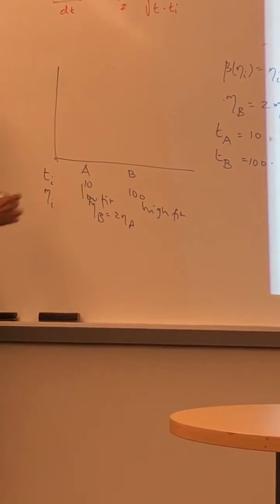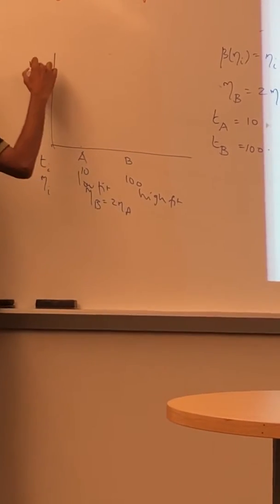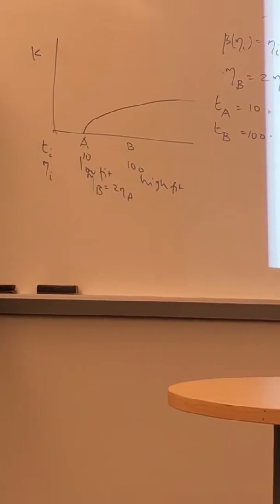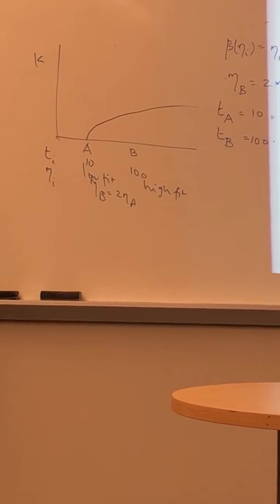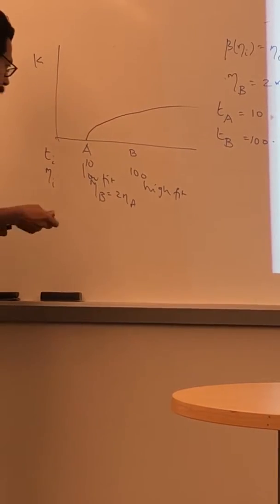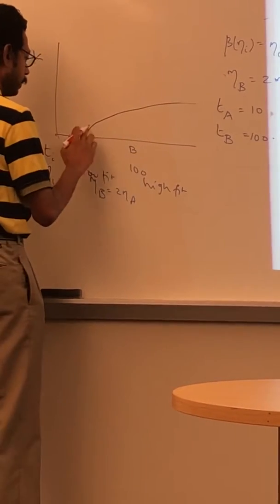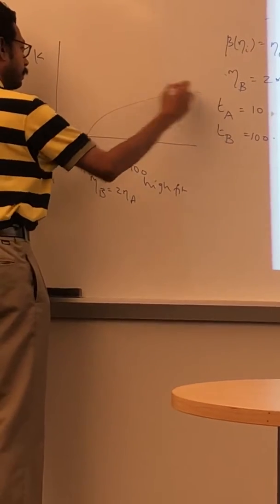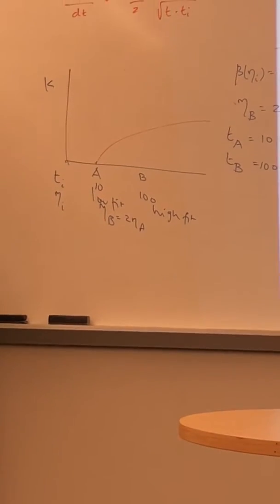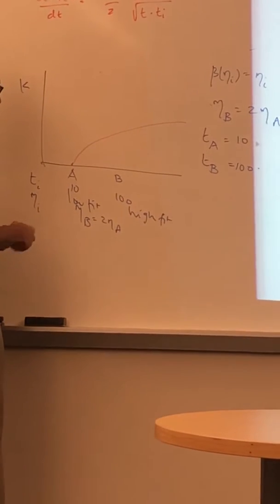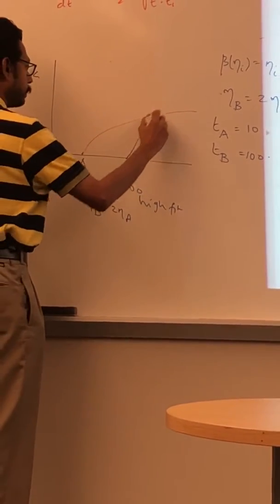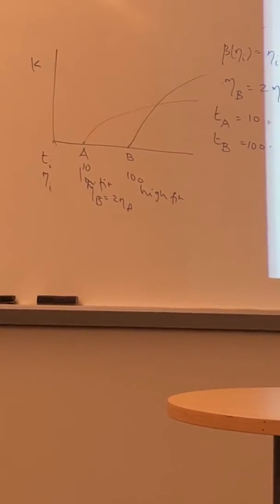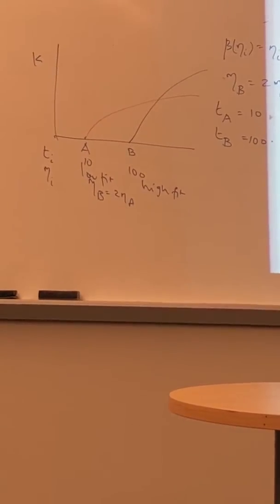The degree of A will grow like this, and the degree of B will eventually, let us use the same red color, A grows like this, and the degree of B will eventually overshoot the degree of A. Is that clear? Because B has a higher fitness.